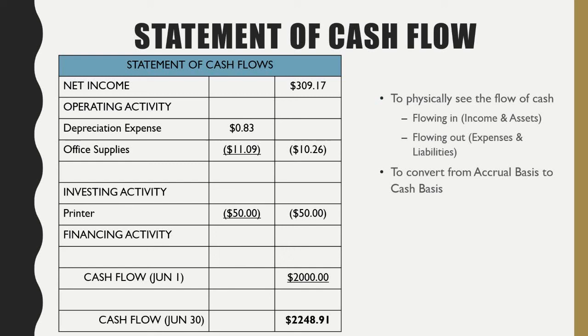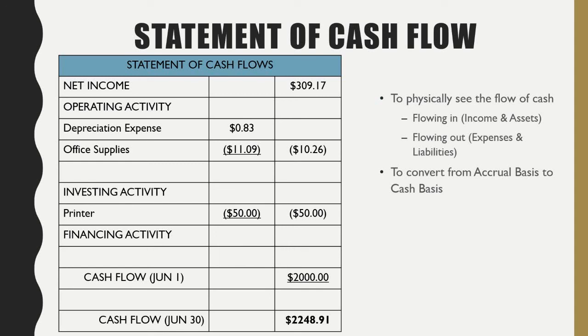Lastly, the last statement that we're going to be looking at is the statement of cash flows. When we're deciding whether your company is going to be cash basis or accrual basis: if you're doing cash basis, this is pretty straightforward. You don't need to convert anything, because it shows how much actual real cash is coming into the company and how much you're actually spending, which is flowing out of the company.